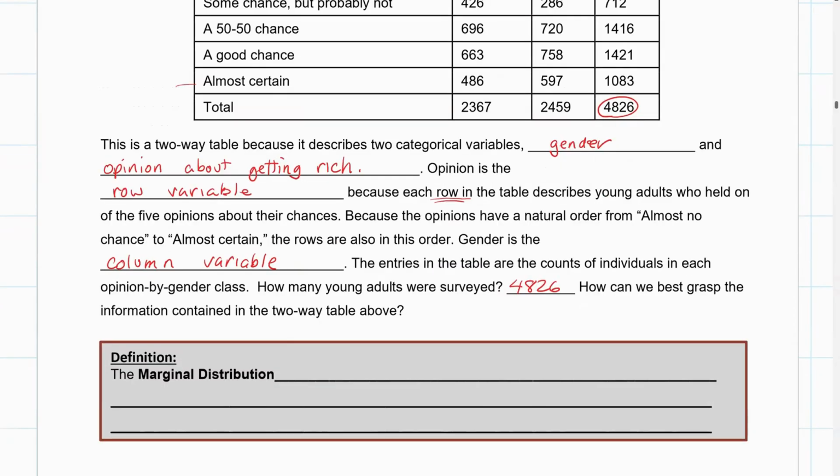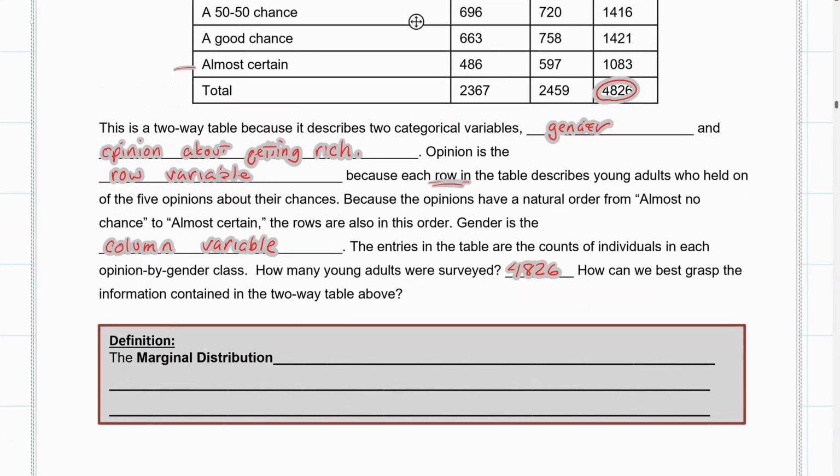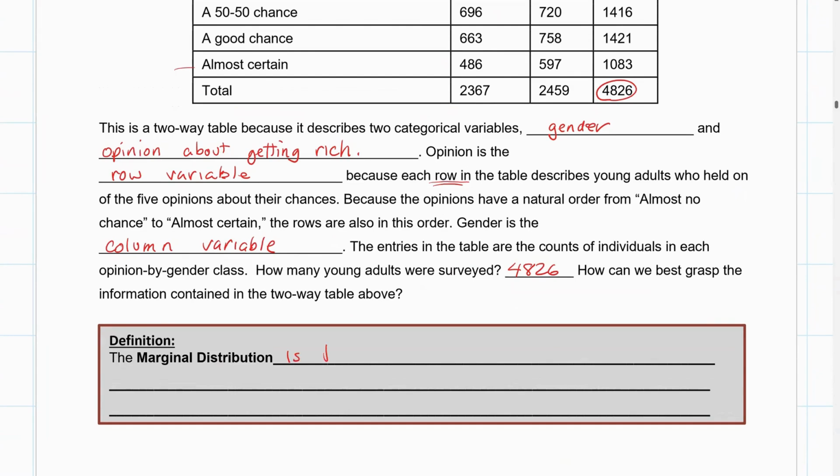And the marginal distribution is the distribution of either the row variable or the column variable.